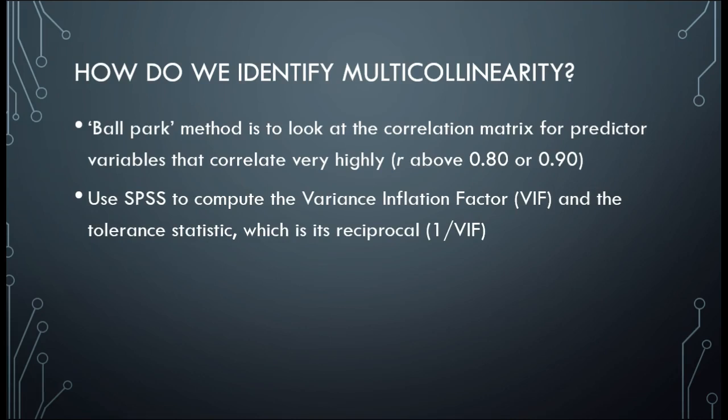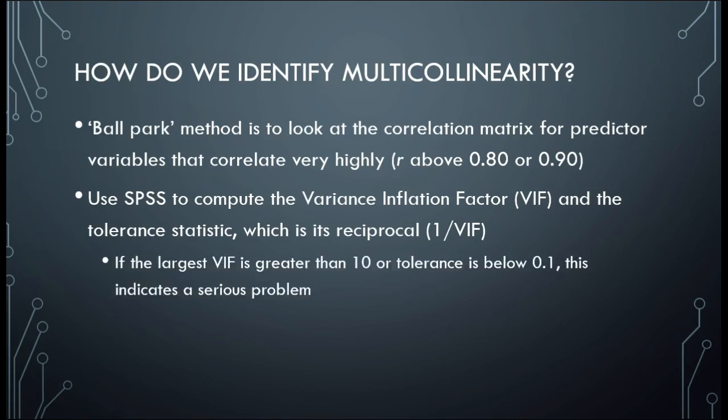And the tolerance statistic is calculated from the VIF by just doing the reciprocal of VIF, 1 over VIF. So once you calculate those, if you have large VIFs, like greater than 10, or if your tolerance is below 0.1, this indicates a serious problem with collinearity or multicollinearity.